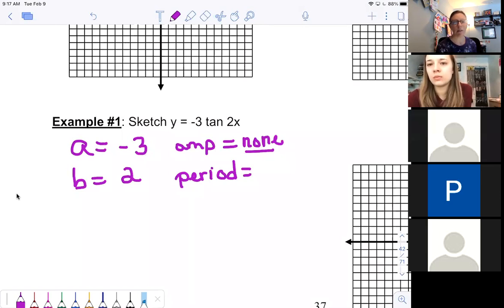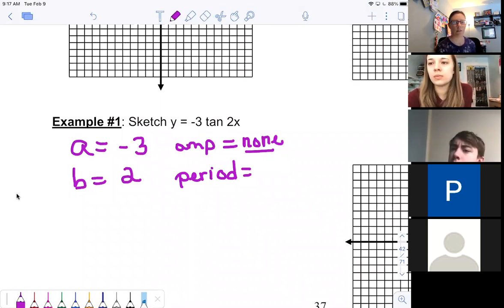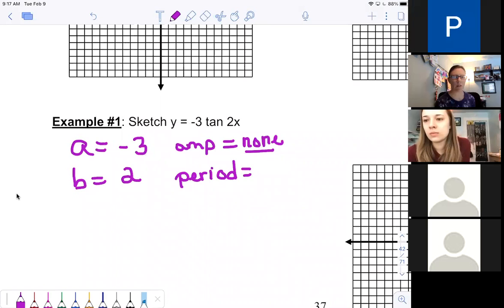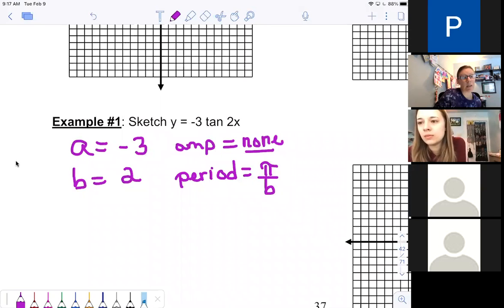What is the period of a tangent function? So think from yesterday. Peter, what's the period of a tangent function? Would it just be pi? It is just pi. So the period for tangent is pi over b instead of being 2 pi over b.